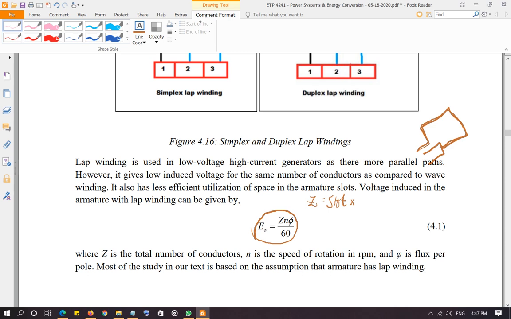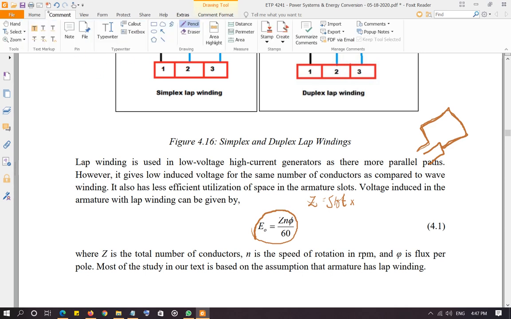So you have number of slots where you have coils, and then you have number of turns in each slot.